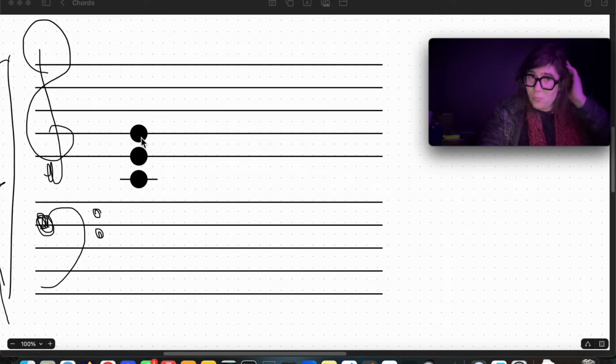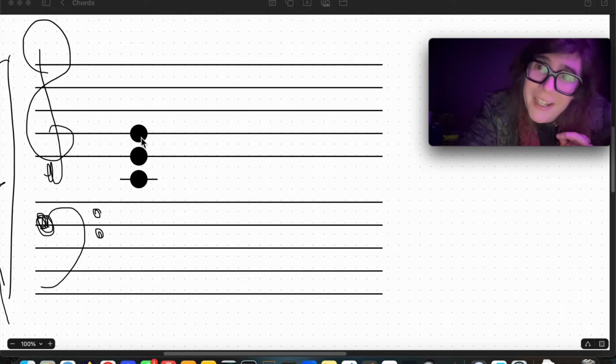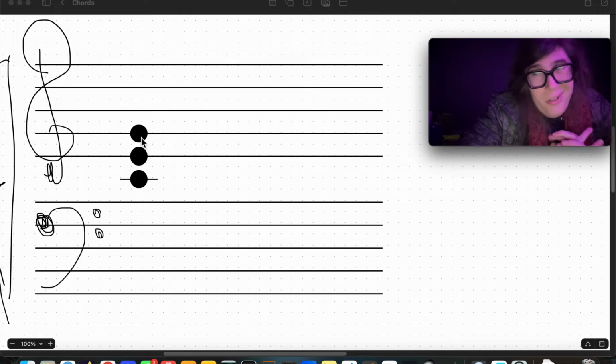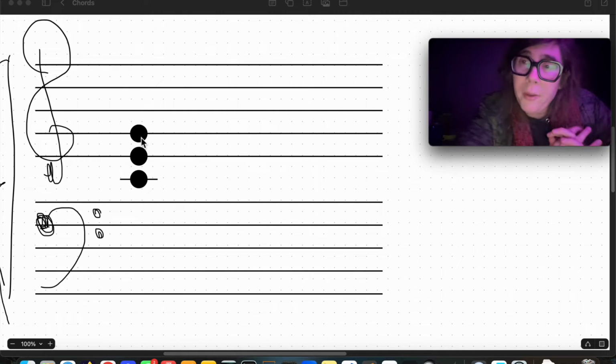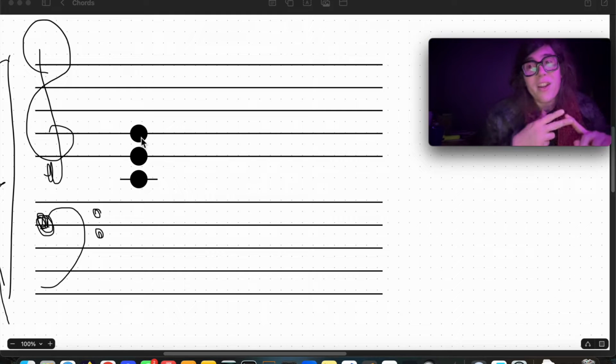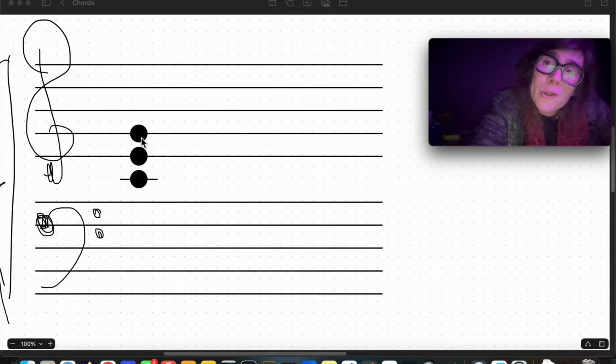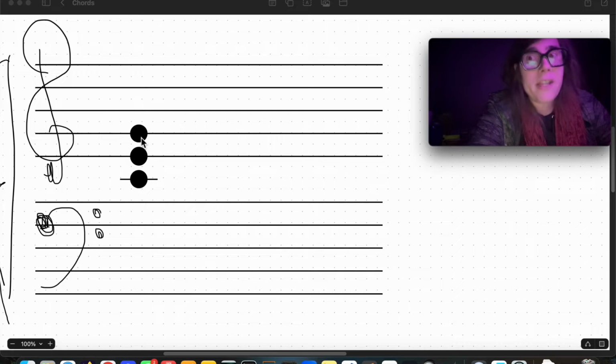Now, before we go on to some more nuance, this is the building block of something that is called tertian harmony. And tertian, well, think about the words primary, secondary, tertiary. It refers to a third, like a third thing. So tertian is a way of saying that our harmonies are stacked in thirds.